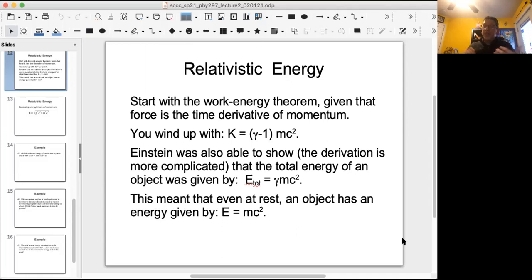So with that in mind, does the mc squared term show up in your other definitions someplace else in the relativistic calculations? So you can use the formula for relativistic momentum to calculate relativistic kinetic energy. And here's how you do that.